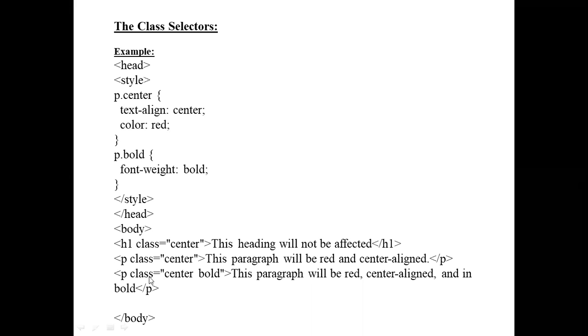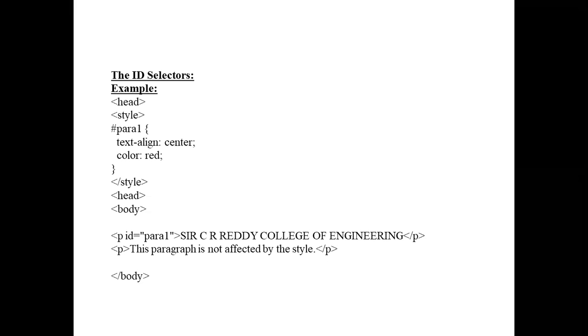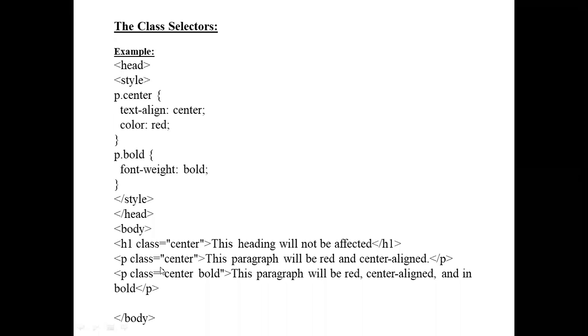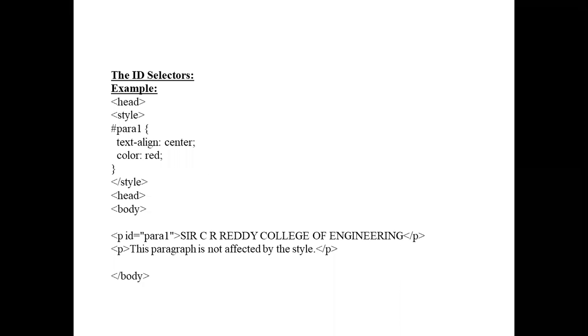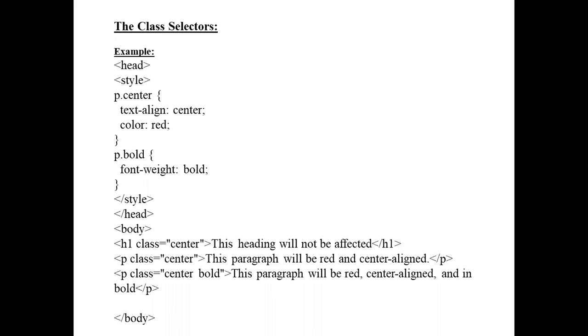Remember the difference, it is important. An ID selector is accessed using the hash symbol, like #para1. For class selectors we use the dot, p.center or p.bold.